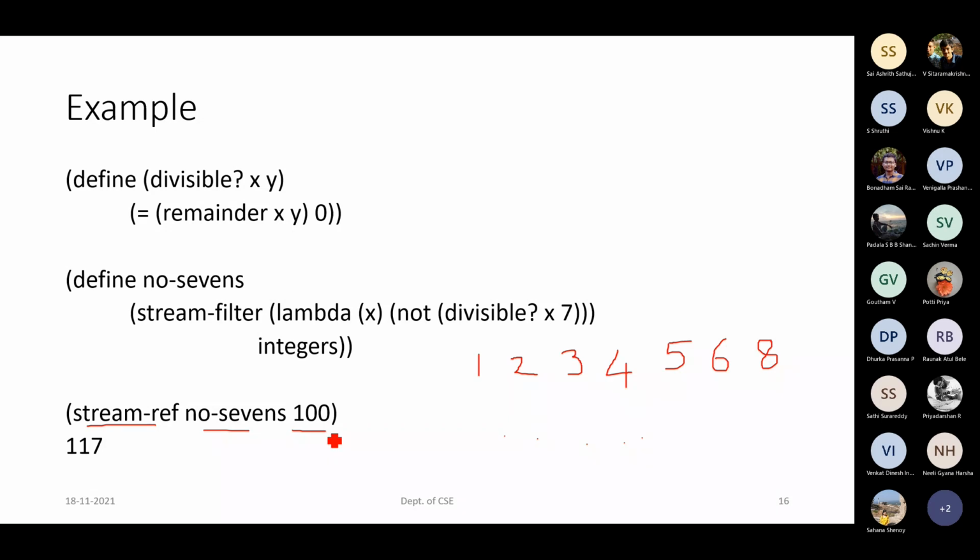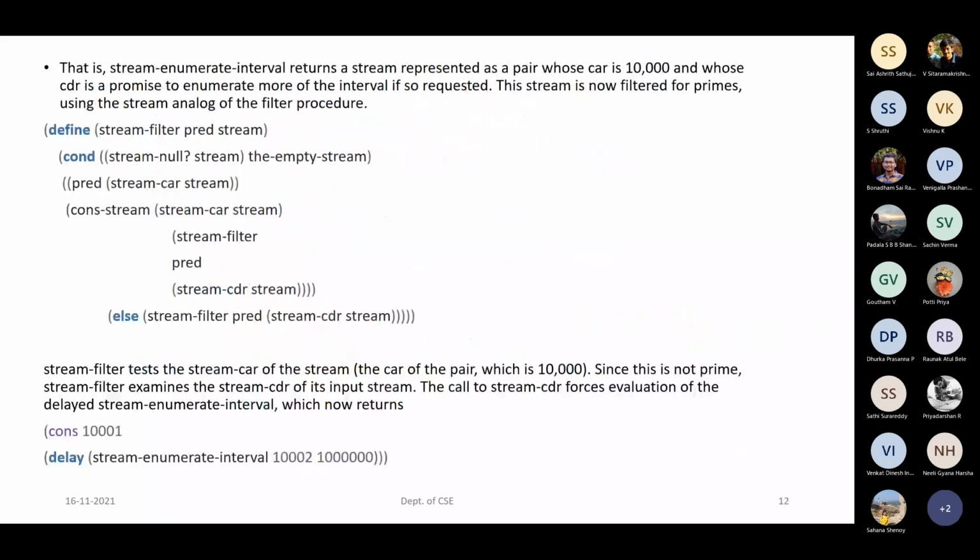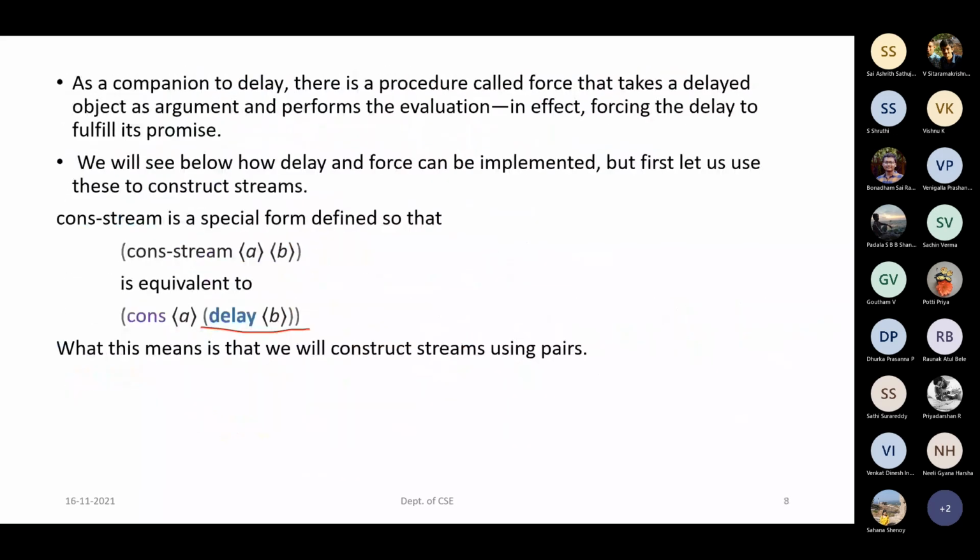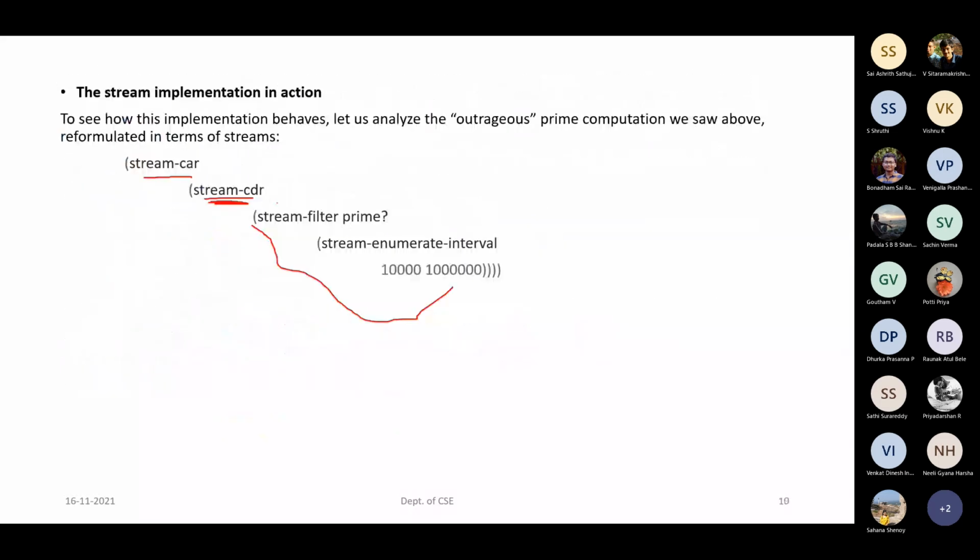So you are asking for the given no 7s list of values, remember we have applied cons stream, so there is a delayed generation of no 7s values, for that we are asking the 100th position's value. Say instead of the 100th position, if I ask you the value at the 5th position. 100th is too high.